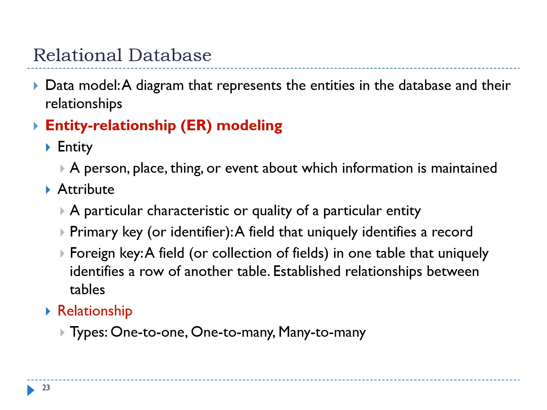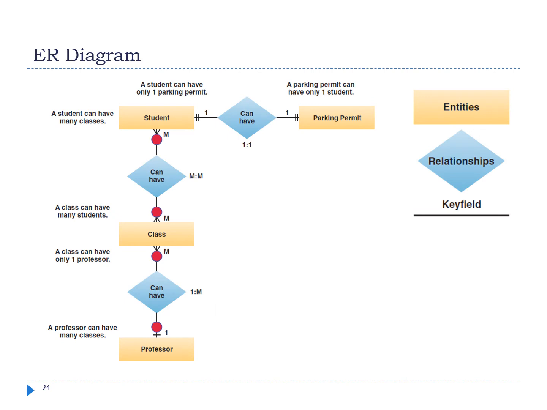There are three types of relationship among the entities: one-to-one, one-to-many, and many-to-many. For example, in this ER diagram, we can see there are four entities: professor, class, student, and parking permit. The relationship between class and professor is one-to-many, because a professor can have many classes and a class can have only one professor.